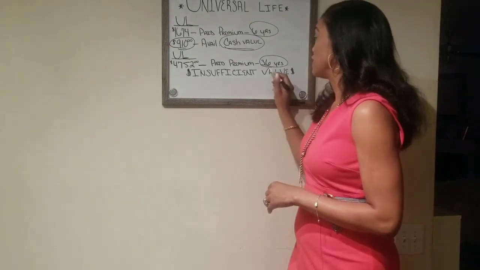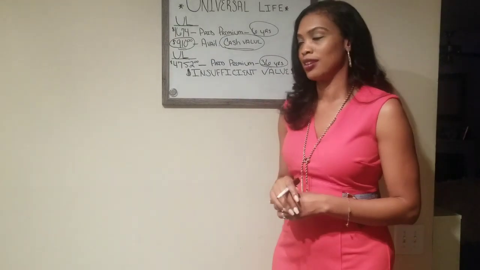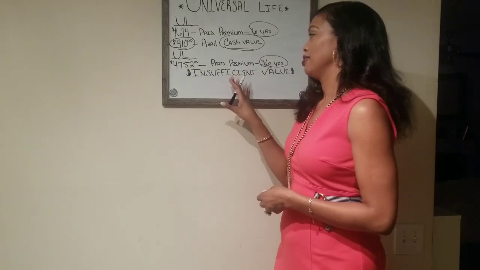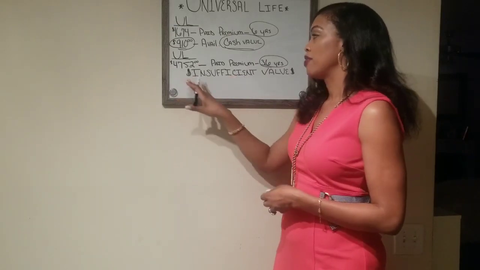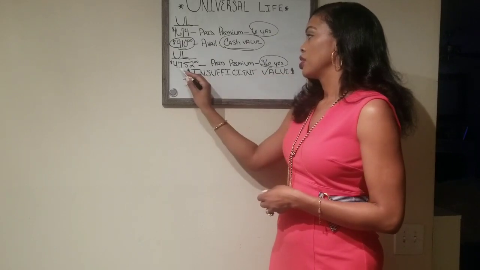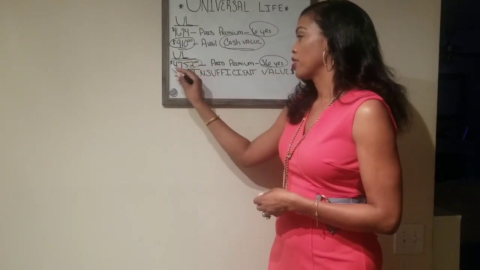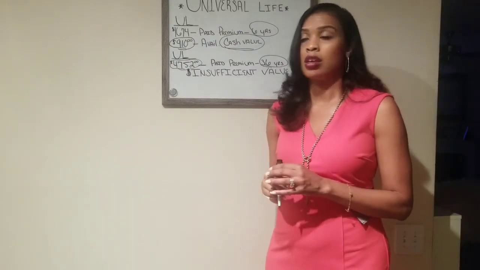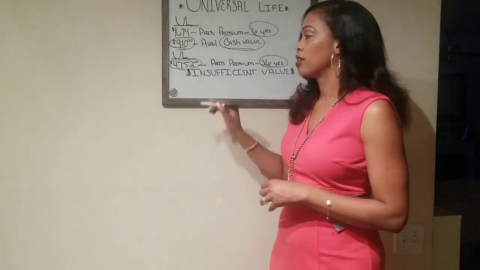Insufficient value, I should say, is how the agent worded it. This isn't good, okay? She's paid $11 per month for 36 years, $4,752, and now the policy is basically worth nothing. You don't want to run into that.